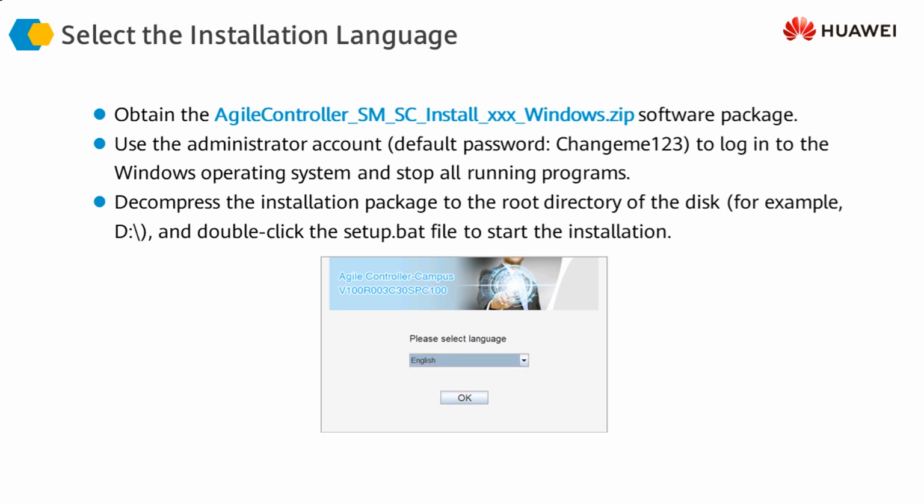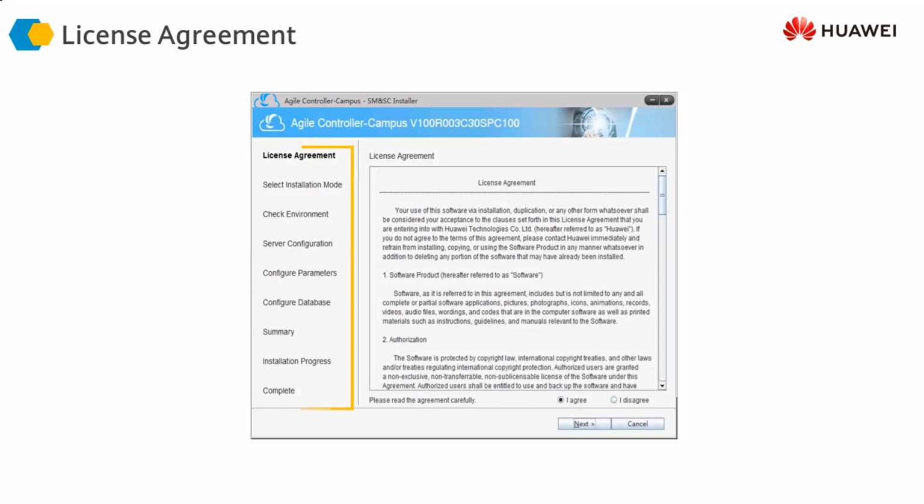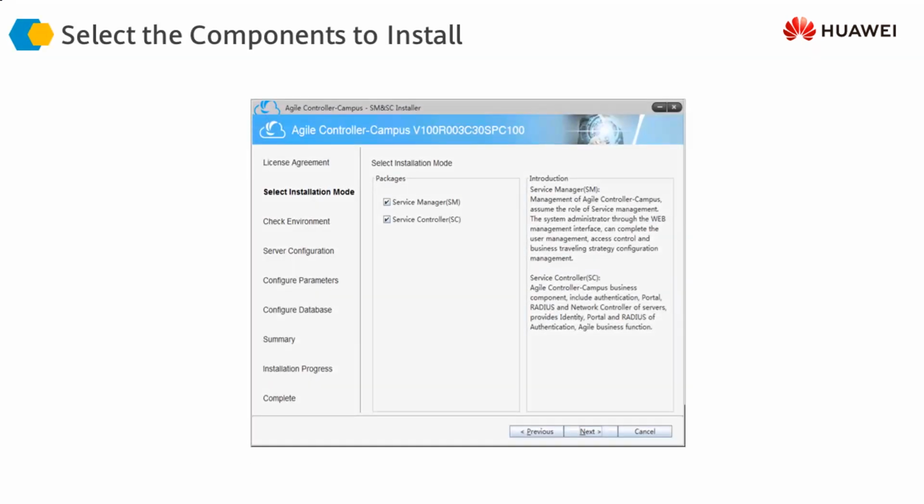Once we do OK, then we move to the next screen where we have to go through all these deployment or installation steps before our Agile controller is installed. So first of all, we have to accept the license agreement, and then we press next.